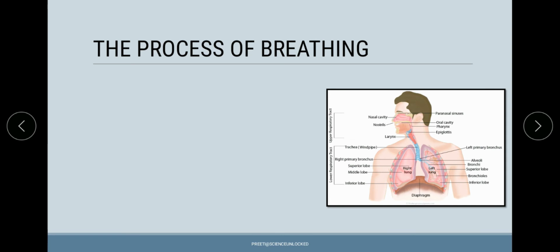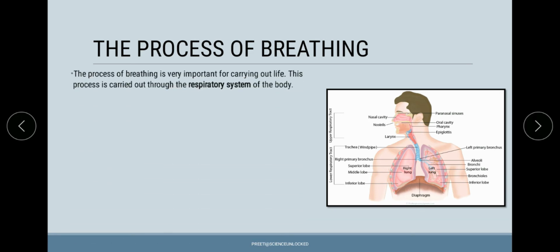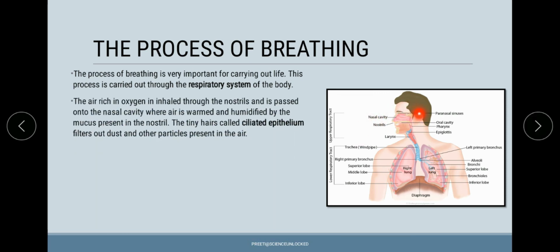The next topic is the process of breathing, where we need to go through the passage in our respiratory system, because this is the system responsible for breathing. The air coming from the nasal cavity gets filtered because of the tiny hairs in the nose.